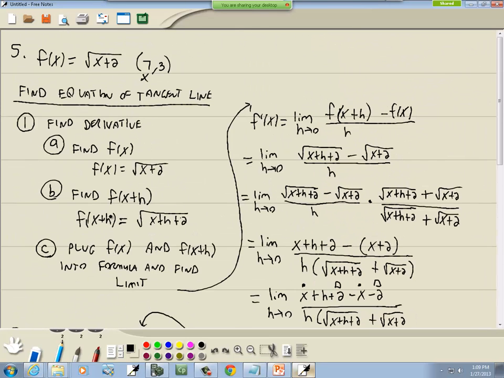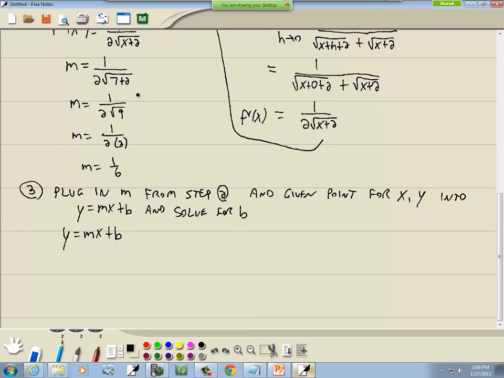If I scroll up here, this is our x, and this is our y. So we'll plug in 7 and 3 for our x and our y. So this will be 3. M from step 2 we said was 1/6, and this was 7 plus b. And then we want to solve for b. So we've got 1/6 times 7, that gives us 7/6 plus b. Take 7/6 to the left side, so we got 3 minus 7/6 equals b, or b is equal to 11/6. This is a mixed number. I took 3 times 6 is 18, plus a negative 7 gives us 11.